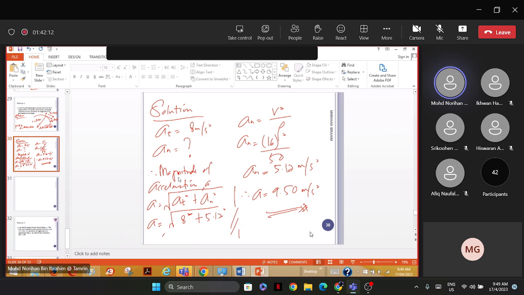And the last question is closely related to the normal-tangent coordinate system.